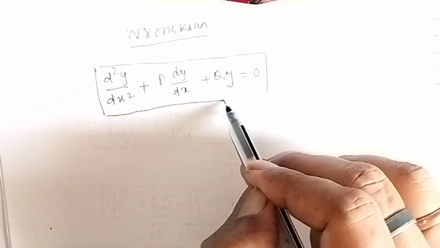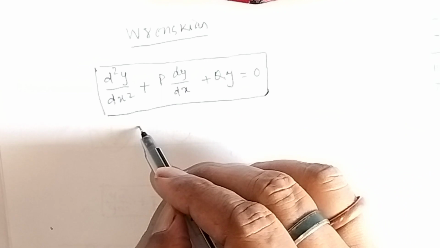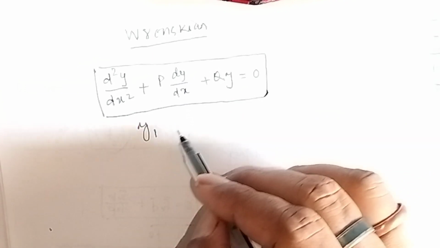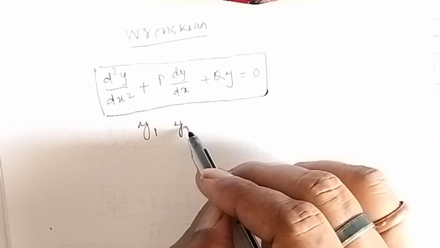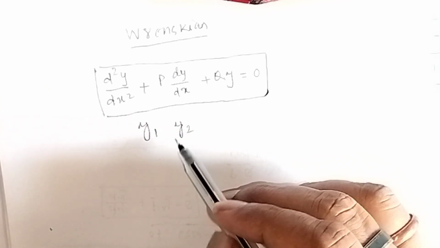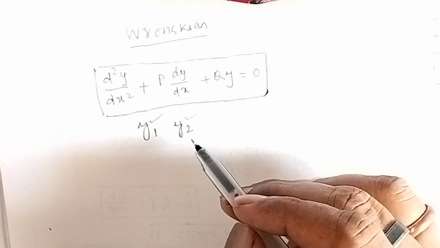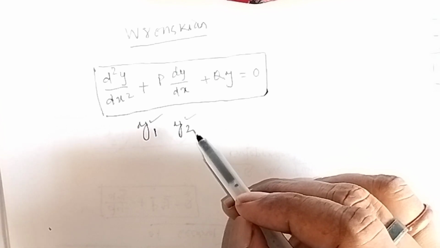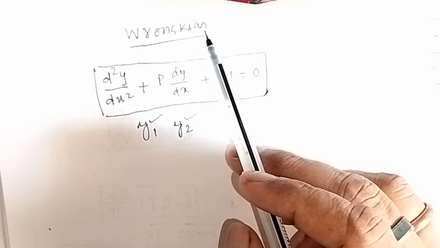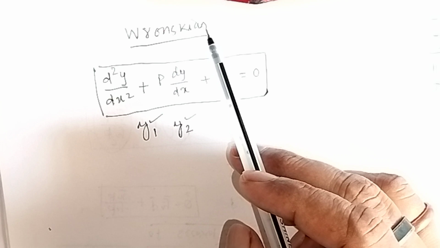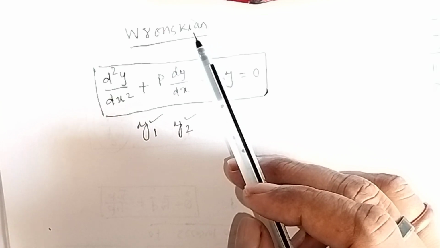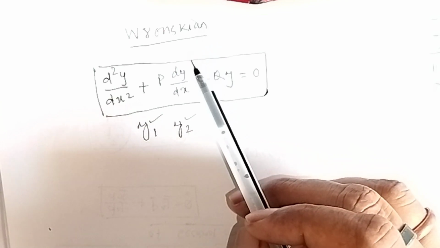Suppose there are two solutions of this differential equation, one solution y1 and another solution y2. Then if you find the Wronskian, it will tell you about the nature of the solutions.